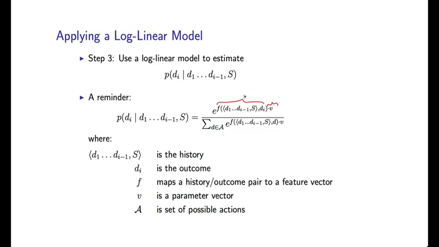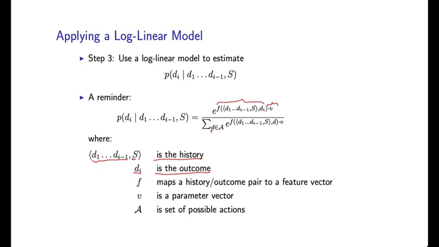So notice here I have f, which is a feature vector that looks at a history in combination with the outcome d_i. So the history in this case considers the entire sentence s and the previous i-1 decisions. And the outcome, of course, is the ith decision.